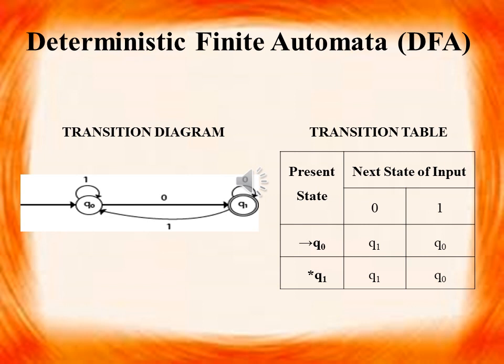Q0 comma 1 is a self loop, it gives the input value 1 to Q0, so we are writing Q0 here. And Q1 comma 0 has the self loop, so we are writing Q1 here. Q1 gives the value 1 to Q0, so we are writing Q1 comma 1 to Q0 here.